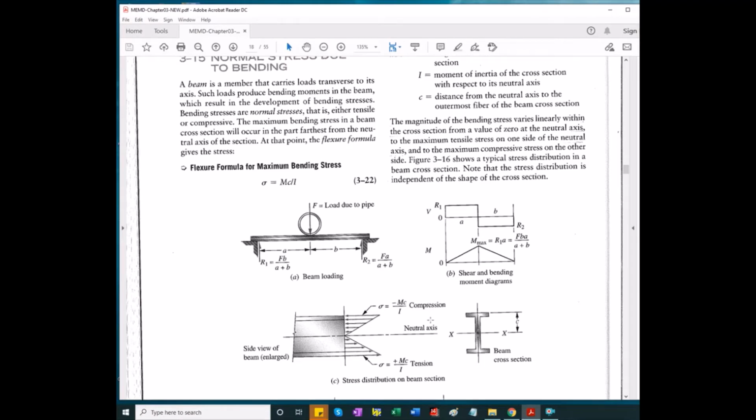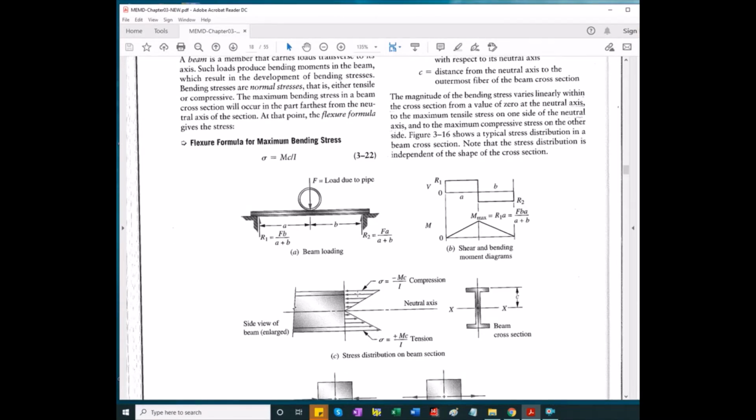axis, and tensile stresses below the neutral axis. Their magnitude you calculate with, again, the flexure formula, M times c, c being the distance from the neutral axis to the outer skin. It could be the same for symmetric cross sections. If it's a T section, there will be a different c value above and below the neutral axis. Okay, so look at the orientation of the stresses. Towards the cross section means compression.